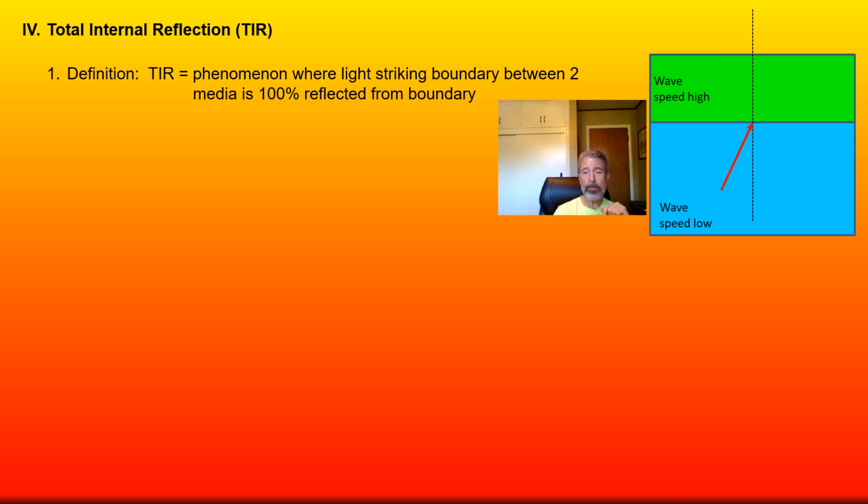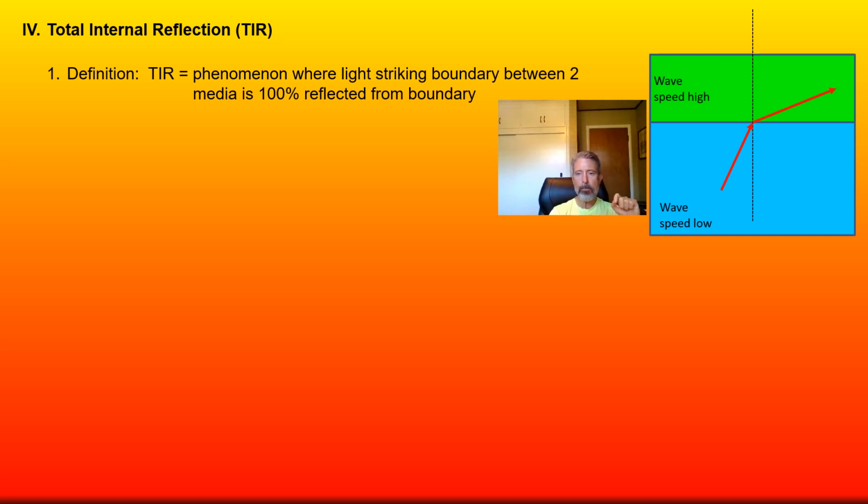So let's take a look at how this can happen, qualitatively at first here. If we have an incident wave traveling from a medium with a low wave speed into a medium with a higher wave speed, in other words, into a medium where the wave speeds up, then we know that the refracted wave bends away from the normal to the interface.